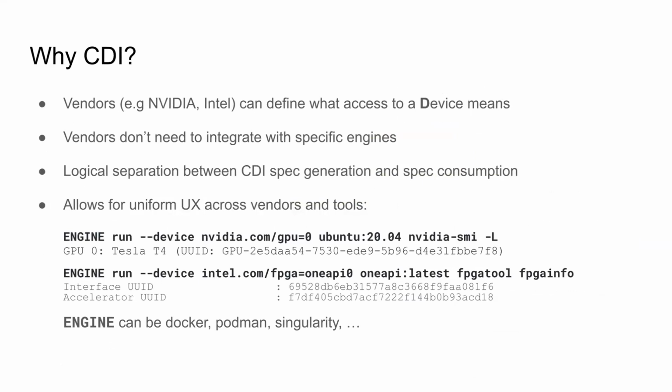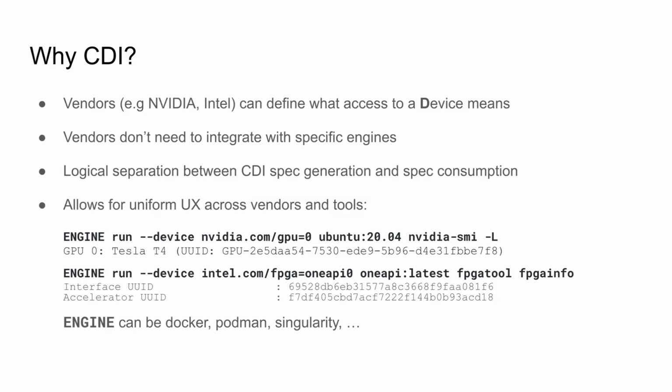Basically it allows vendors to have control over what a device, capital D device, a resource, means to them. So from an NVIDIA perspective, we know what the system-level interfaces are to have access to our devices, and what libraries associated with the driver and tools are required to give users meaningful access to that device.